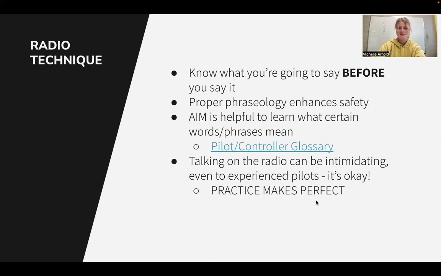And practice makes perfect, so it can be a good idea to practice your radio calls before saying them to make sure that you're concise, instead of using filler phrases when you're starting out, which can be annoying for the controller. So it can also be a good idea to practice your radio calls before the flight.